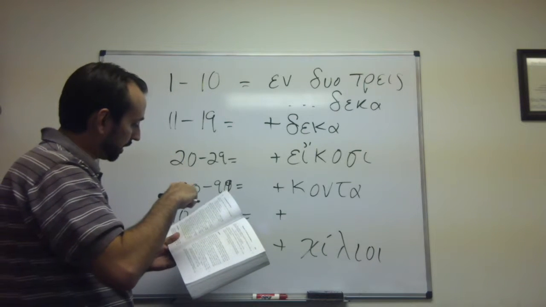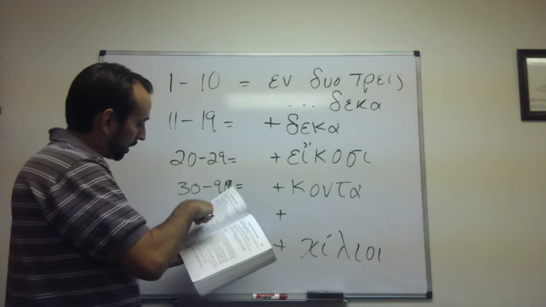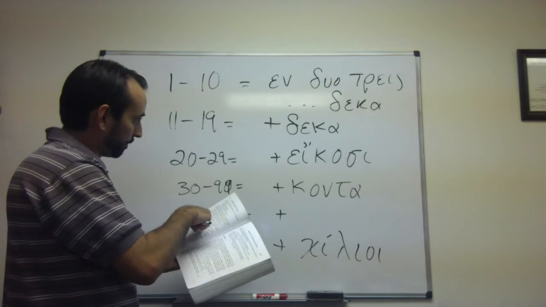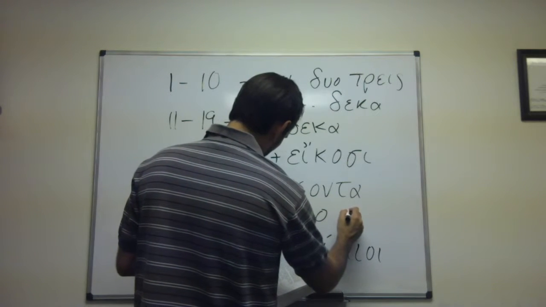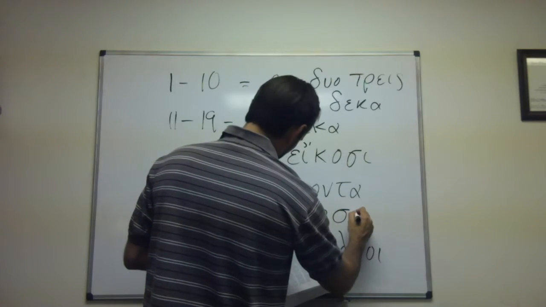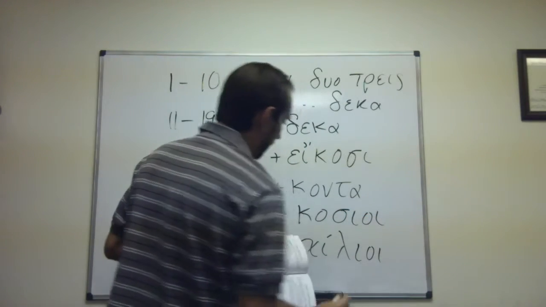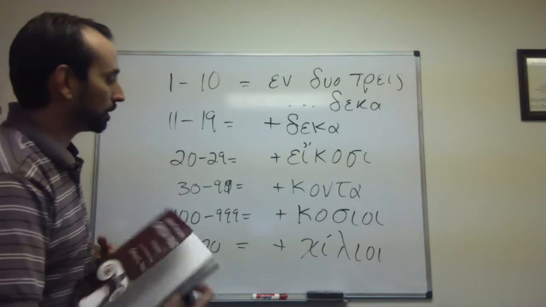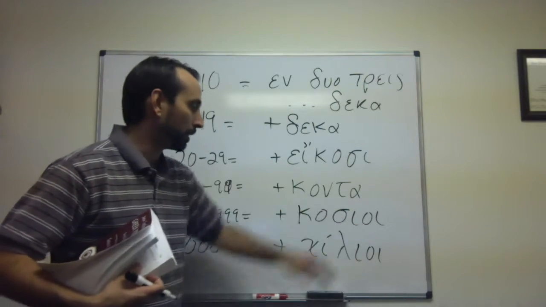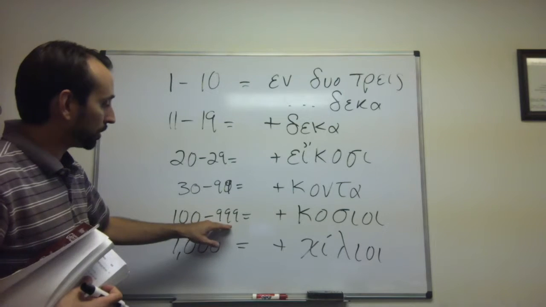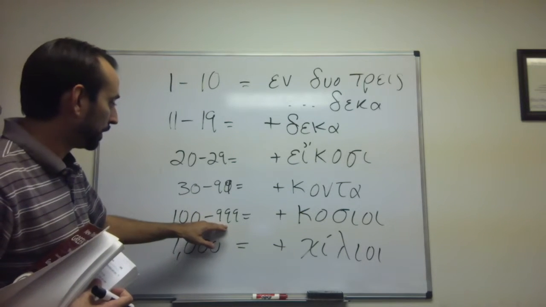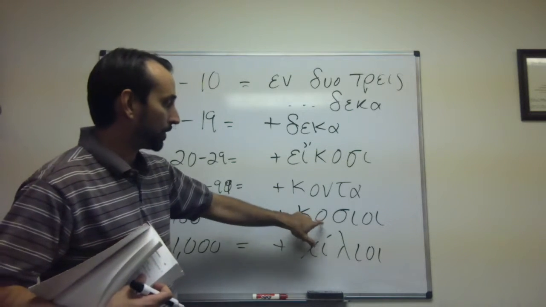Anything in the 100 would be that one. Cosio. Cosioi, with a diphthong on the end. So anything in a 100 interval up to 999, I'm going to add this suffix.